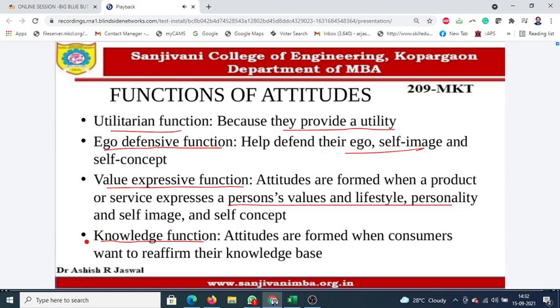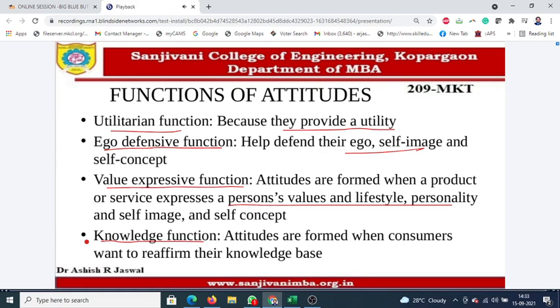Then we moved to a second point of consumer imagery. We tried to understand this with an example of perceived imagery of a consumer with respect to price. Also, while we were studying perceived imagery or consumer imagery, we came across the term called perceived risk.